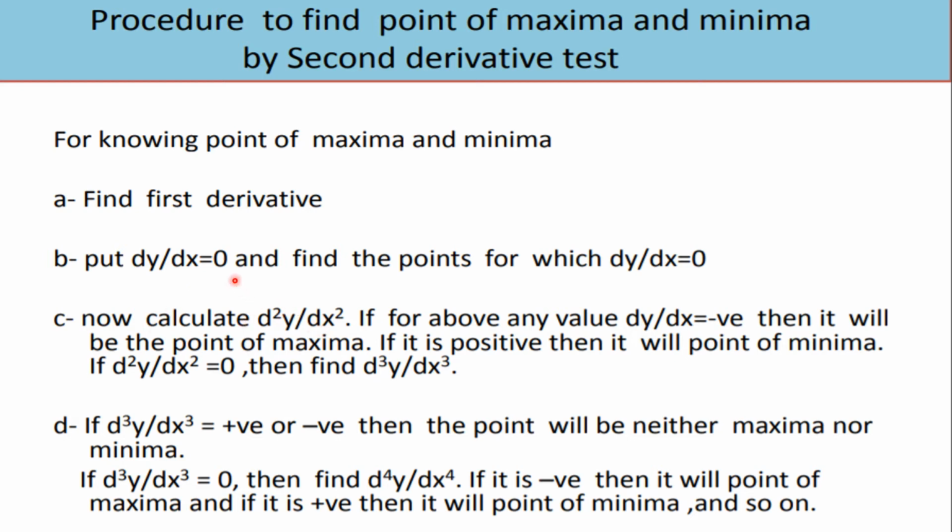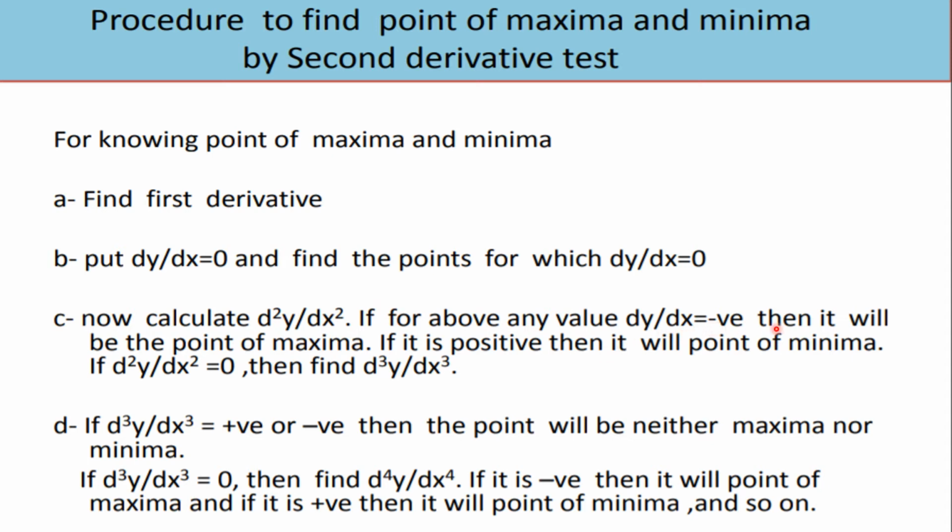After that, we have to find d square y by dx square. Here we got values for x, critical points, stationary points and turning points. We substitute those values in d square y by dx square. Understood this point, my children?